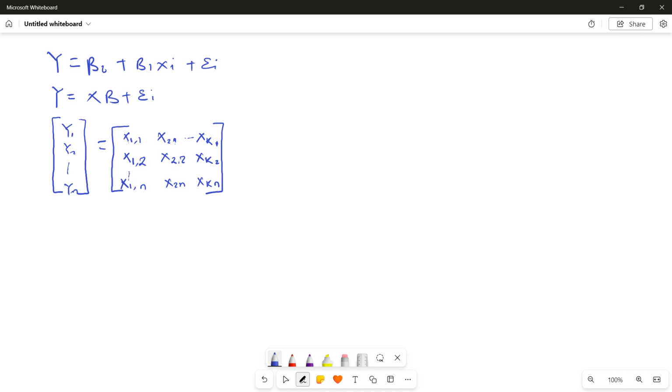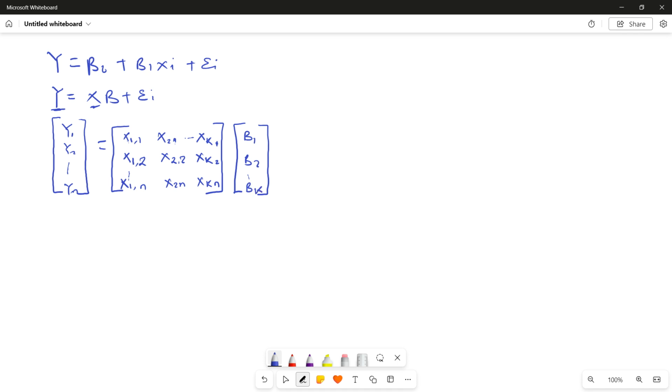In short, we're still using the same model, only that now we want to present these in the form of matrices. So this y is a vector containing the y's, and the x's are contained in this matrix, and then we multiply this matrix by another vector which should contain the betas, beta 1, beta 2, up to beta k.